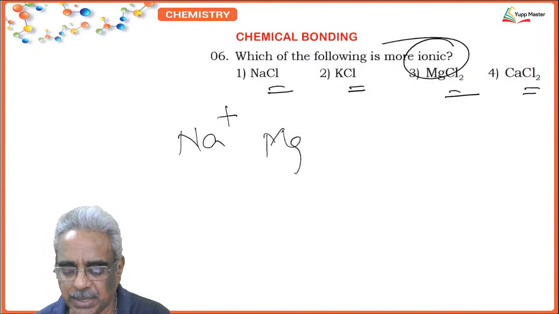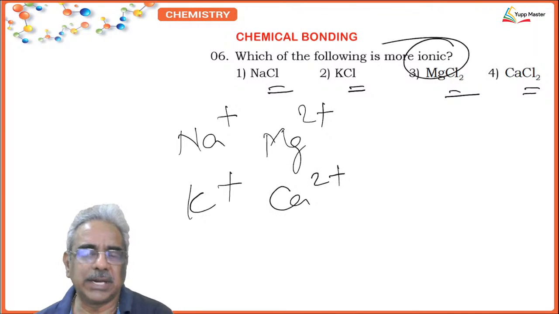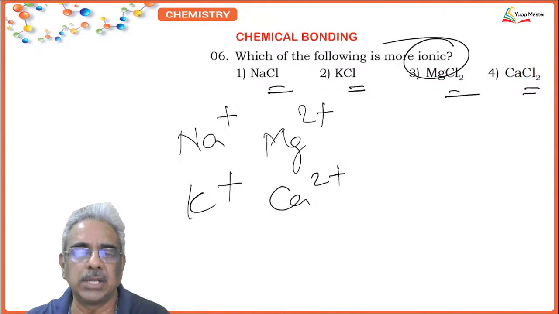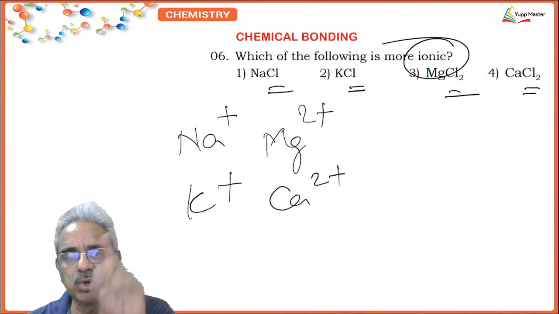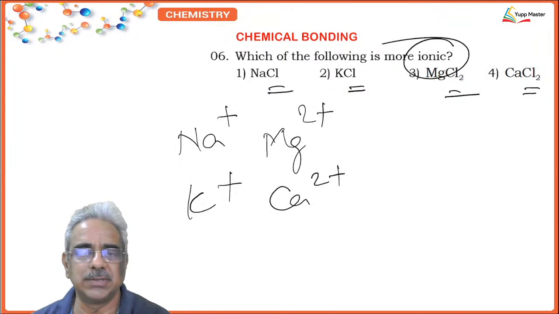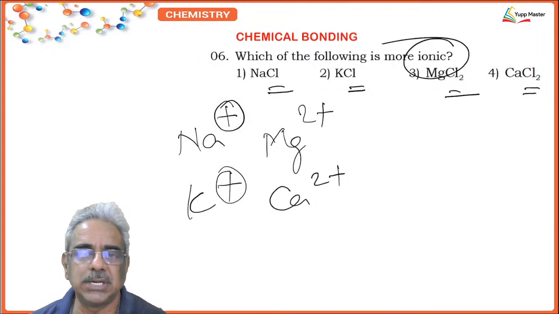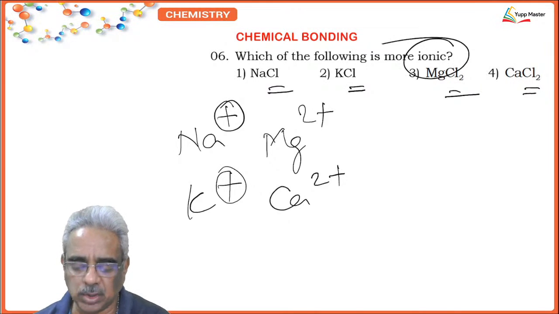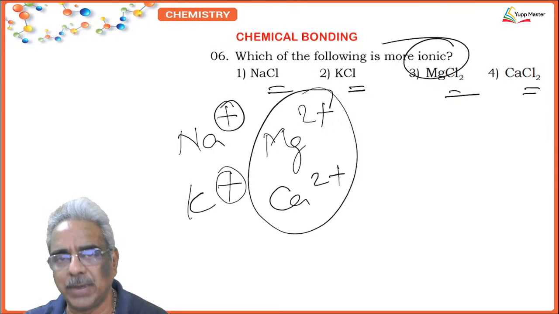Sodium plus, magnesium 2 plus, potassium plus and calcium 2 plus. Always remember, second group cations are more polarizing in nature than first group cations, because first group cations possess less charge and are large in size. Second group cations polarize more, meaning they move towards a bit of covalent nature.